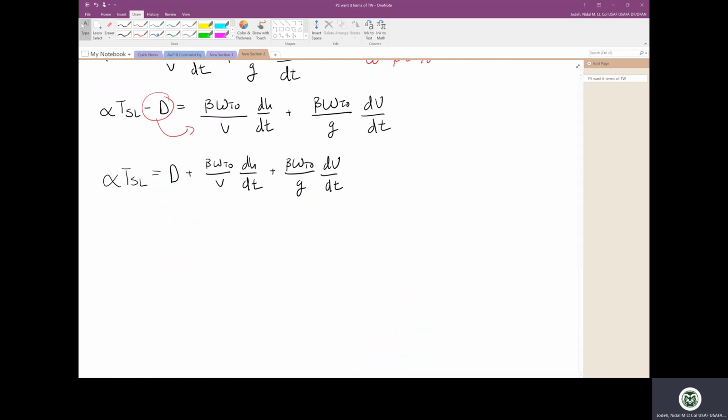So I'll take a sidebar here, change colors. Drag was equal to C_D, q, and S. And now we substitute in the drag polar from above, and we get drag is equal to, I'm going to move q and S over here, K1 C_L squared plus K2 C_L plus C_D0.